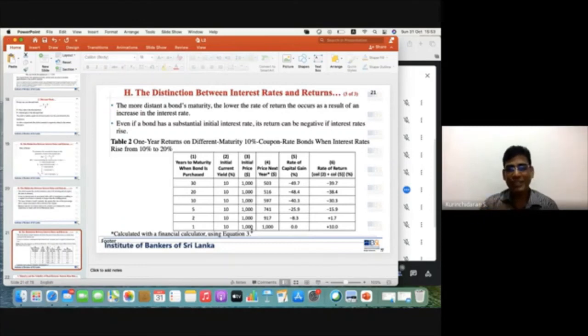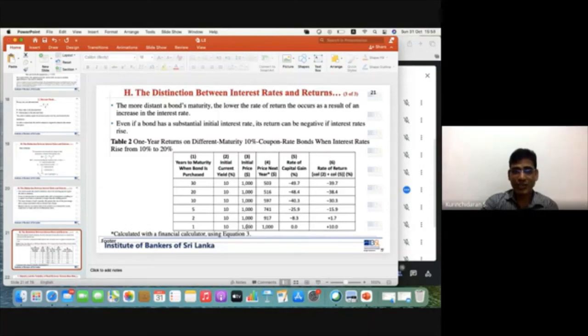Now the question is, what will be the price of these bonds next year? Here the remaining maturity is 1 year, the initial current yield is 10%, and the initial price is $1,000.